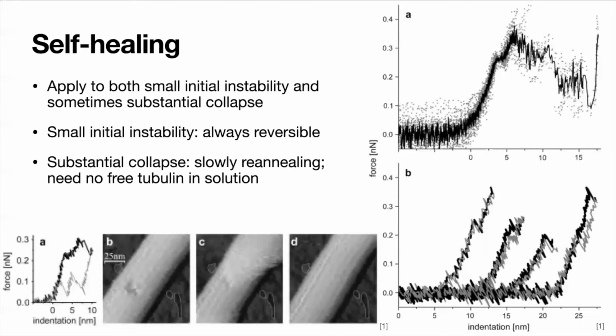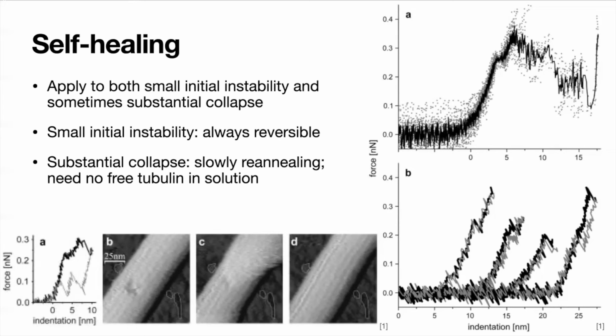One thing I found interesting about soft material is the ability of self-healing. If we limit the force to about 0.3 to 0.4 nanonewtons, we can investigate the behaviors near collapse. For a force of about 0.27 to 0.3 nanonewtons, we can see that the AFM tip deformed the microtubule a little bit, but after we release the force, the microtubule recovers. This is a reversible process.